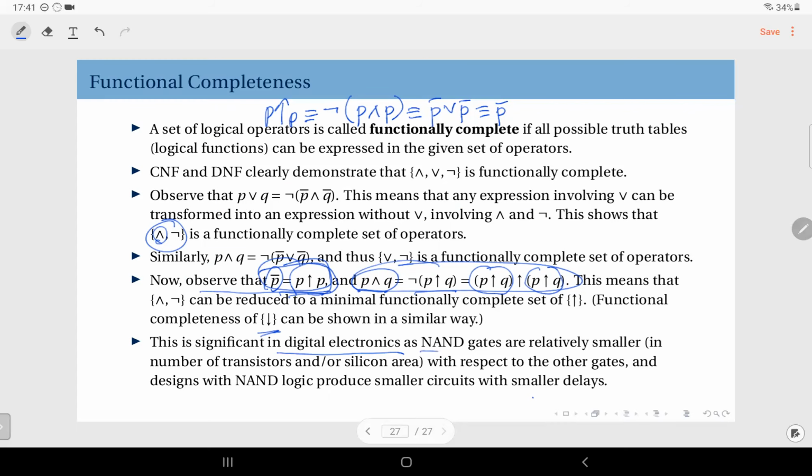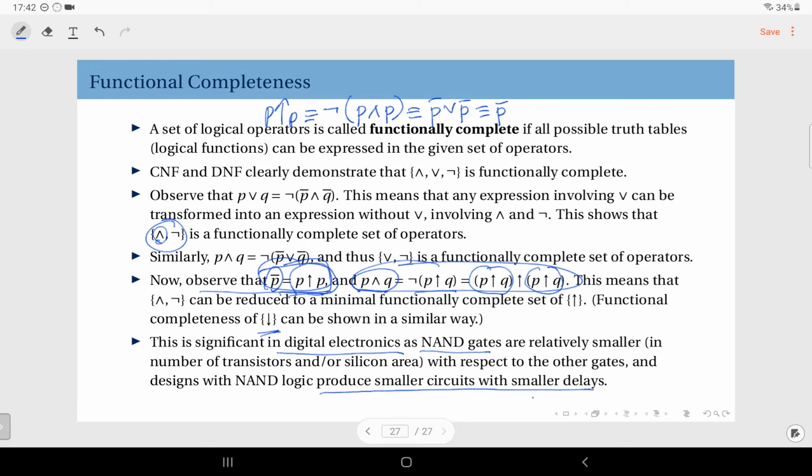Because NAND gates are relatively smaller in number of transistors and silicon area, and designs with NAND logic produce smaller circuits with smaller delays because it requires fewer transistors. It takes smaller areas, which means the delay you are going to get from your digital circuit is going to be smaller.